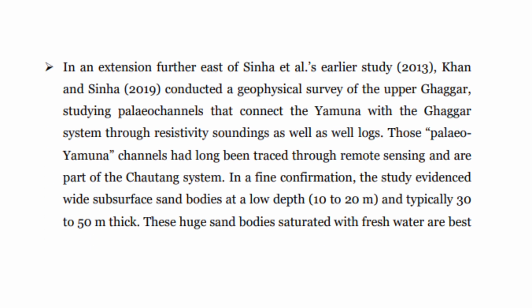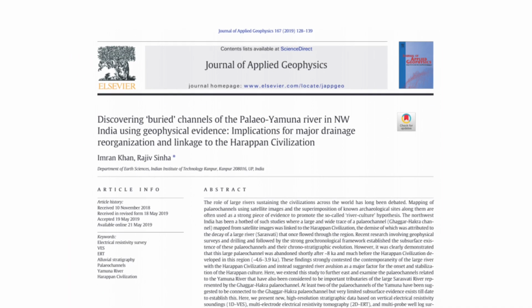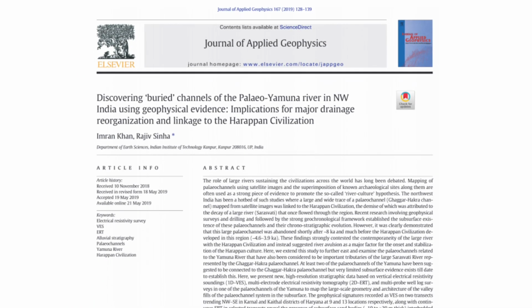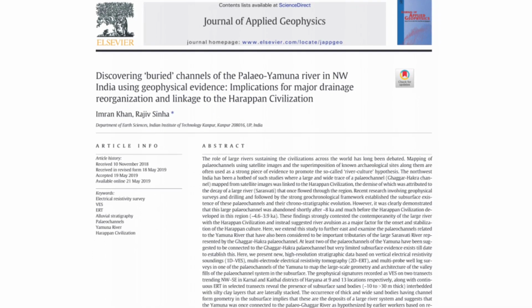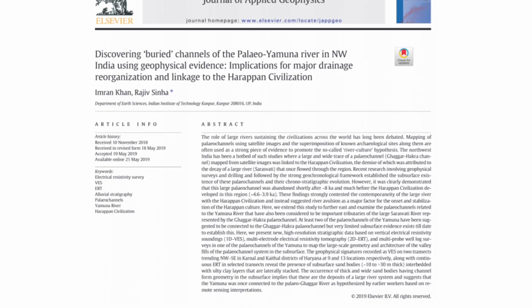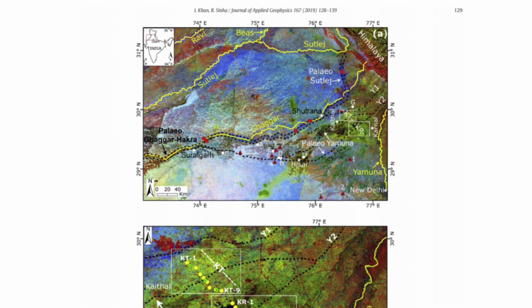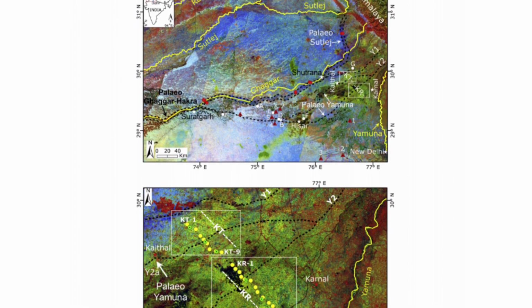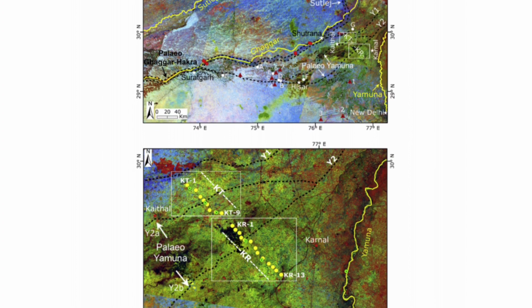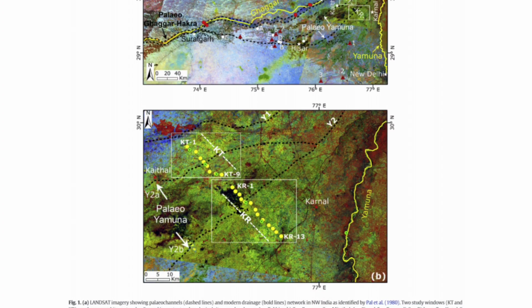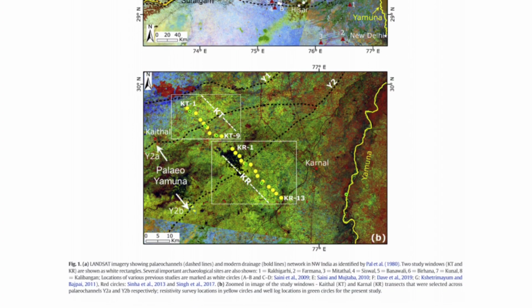Sinha and Khan did another study in 2019 and conducted a geophysical survey of the upper Ghaggar, studying its paleochannels that connect the Jamuna with the Ghaggar system through resistivity soundings as well as well logs. These paleo-Jamuna channels had long been traced through remote sensing satellites and are part of the current Chautang River system.